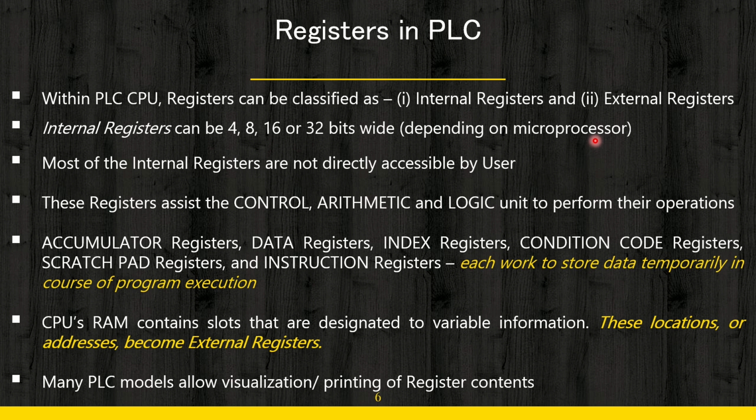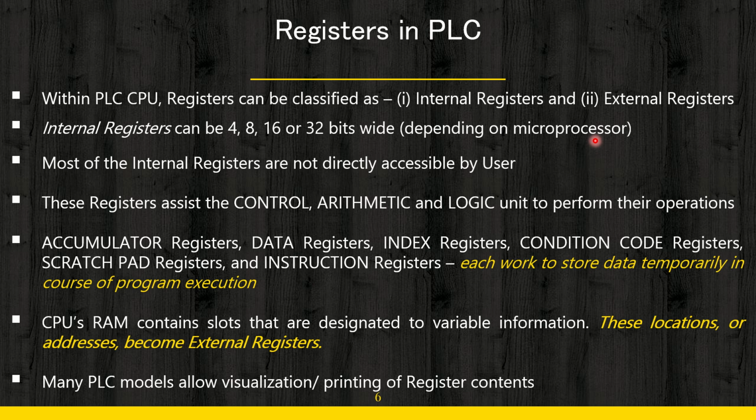So far as the internal registers are concerned, they are not directly accessible by the user. This is a typical sentence, because it may so happen that certain manufacturers will allow some internal registers to be used by the end user. So that depends. But in most cases, in general, internal registers are not directly accessible by the user.